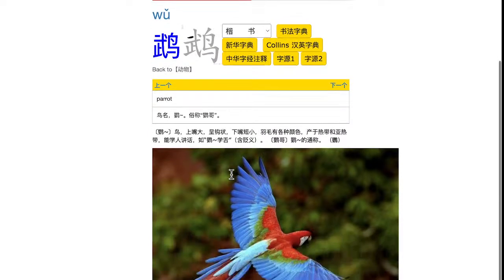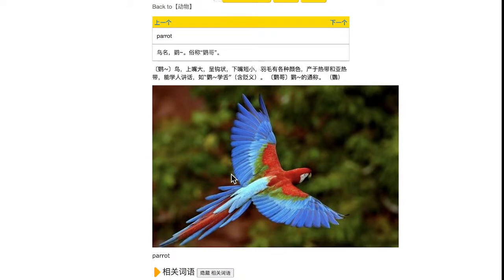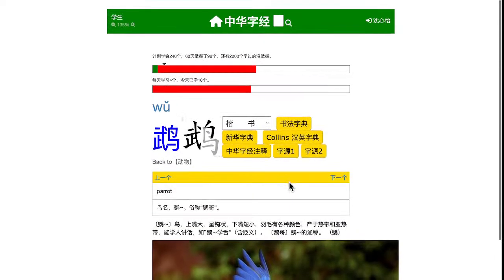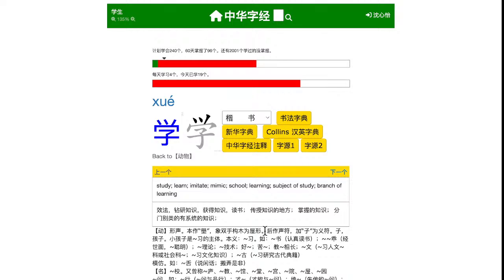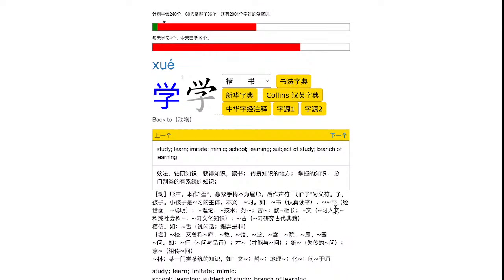So 鹦鹉, they only mean parrots. Okay, nothing but parrots.